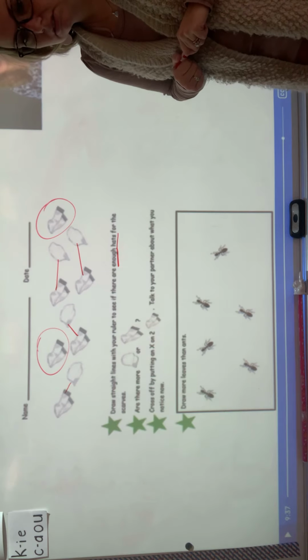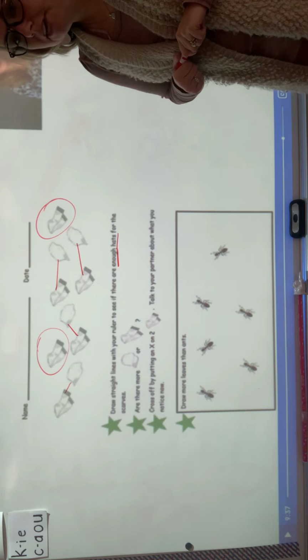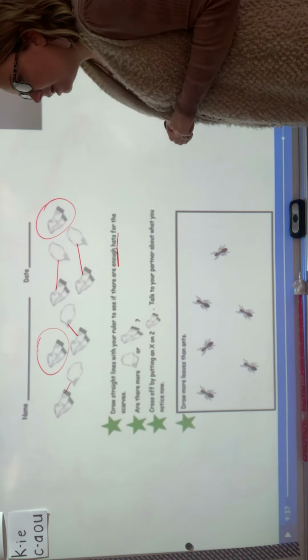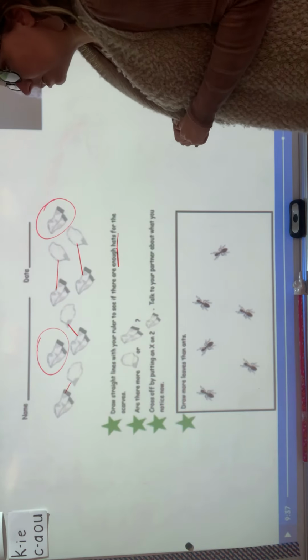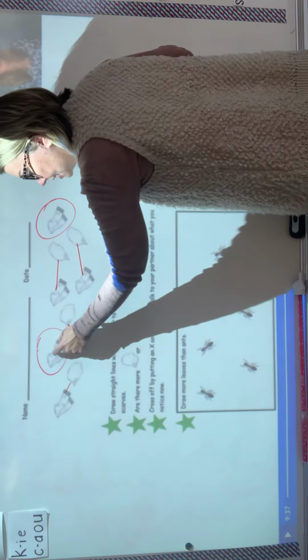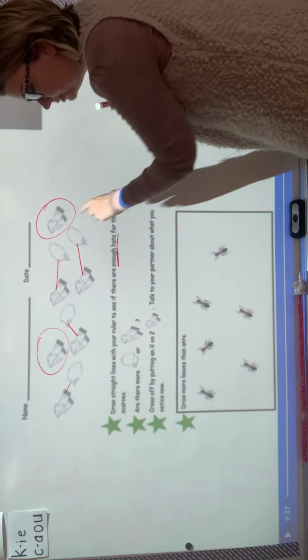Is a sentence: there are not enough hats for the scarf. Very good. I love how you put that in a sentence. There are not enough hats for the scarves. There are more scarves than hats. We can tell that because the scarves, there's 2 that do not have a partner. We have 2 extra.